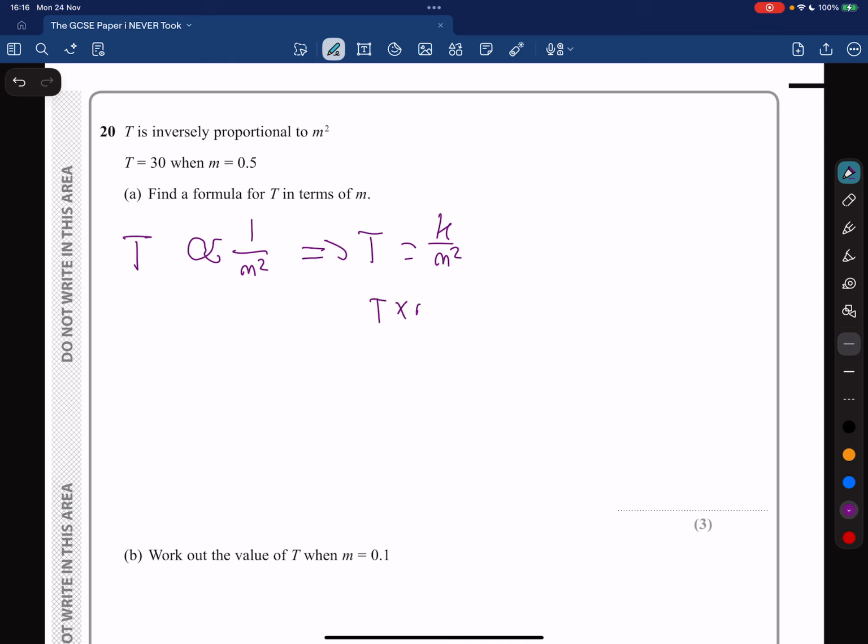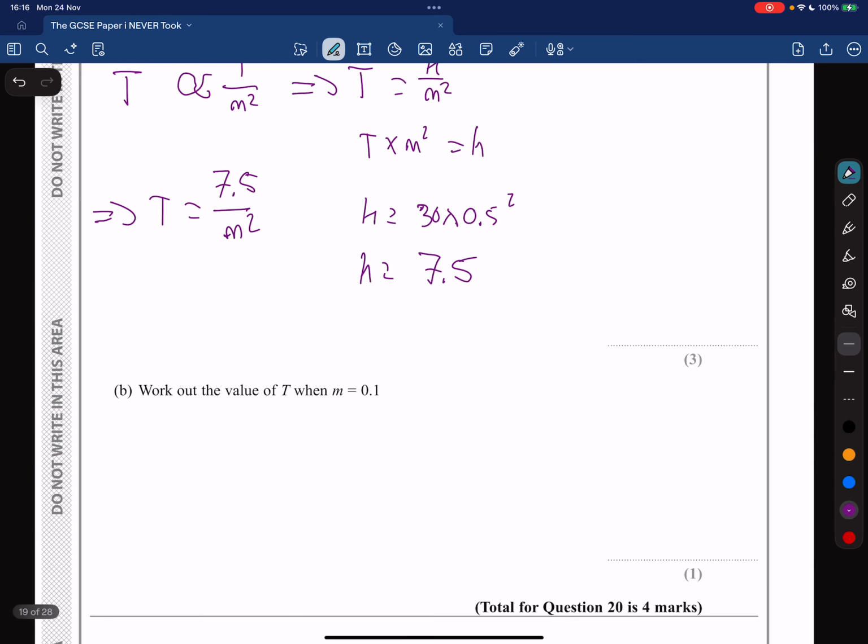So T times M squared is equal to K. K is equal to 30 times 0.5 squared. K is equal to 7.5. Therefore, T is equal to 7.5 over M squared.